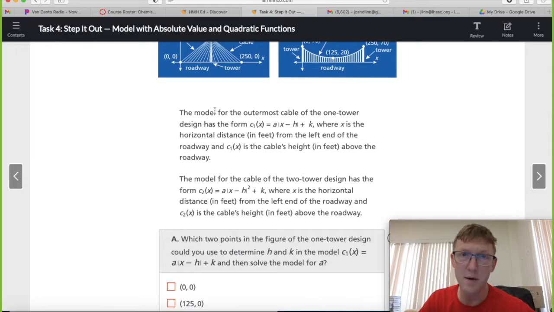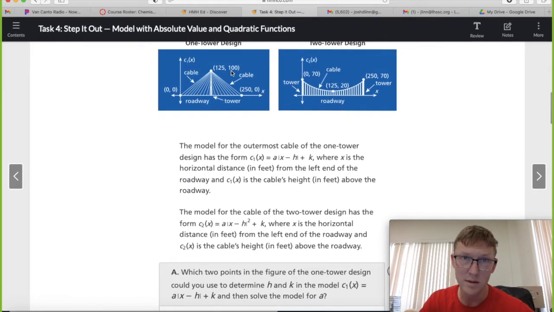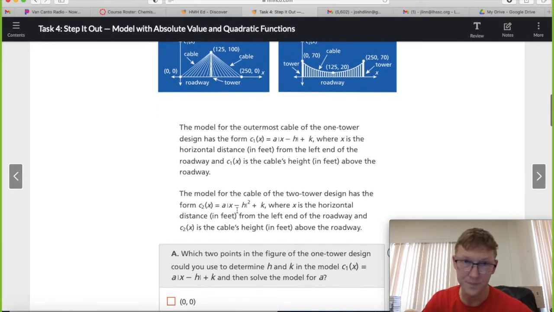The model for the outermost cable of the 1 tower design, this one right there, has the form of an absolute value function, where x is the horizontal distance in feet from the left end of the roadway, and C1 of x is the cable's height in feet above the roadway.